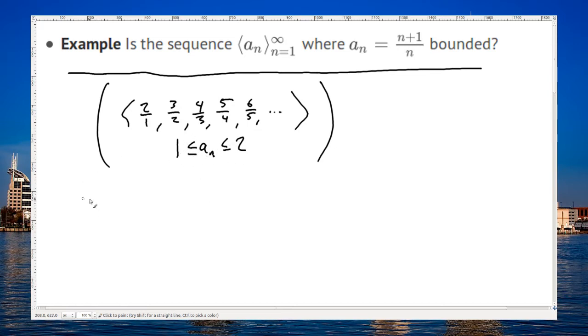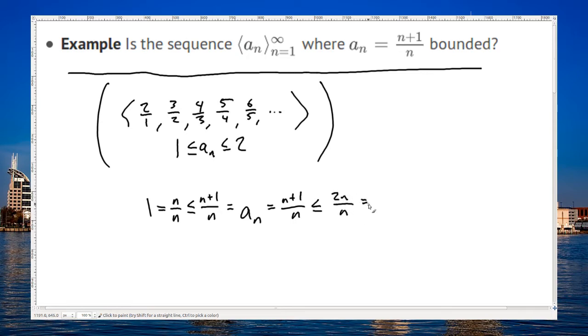Let's prove that that's the case. So a sub n, which is equal to (n plus 1) over n, that's bigger than, I could subtract 1 from that numerator to get n over n, and that's 1. So a sub n is definitely always bigger than 1. Likewise, it's equal to (n plus 1) over n, and that's less than or equal to, as long as n is sufficiently large, like say at least 2, then that's going to be smaller than just doubling the n. 2n over n.